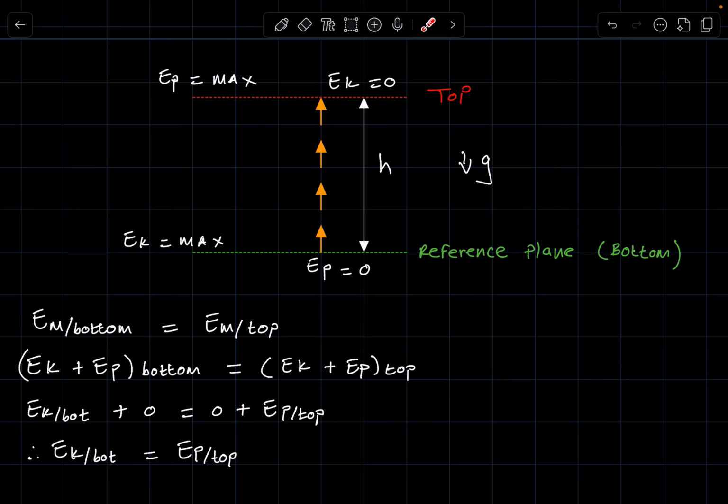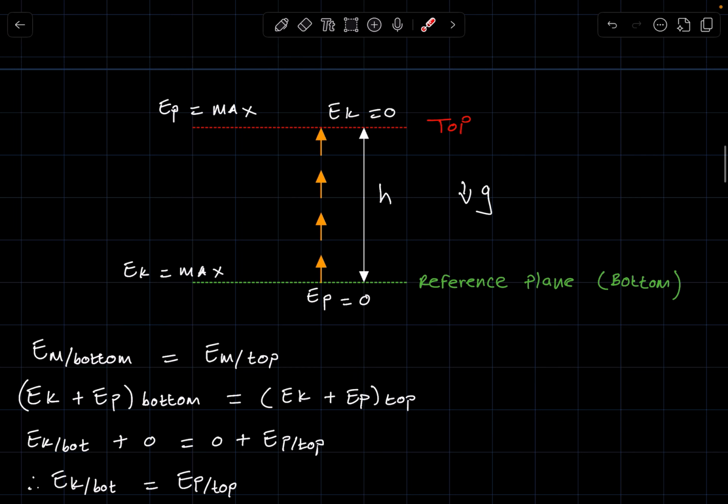And how they relate is that when looking at an object that is moving along the vertical plane, this only applies for objects moving along the vertical plane, the mechanical energy between any 2 points in the object's motion along the vertical plane is equal.